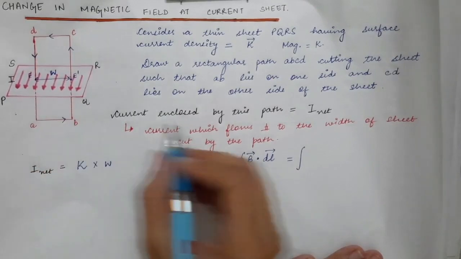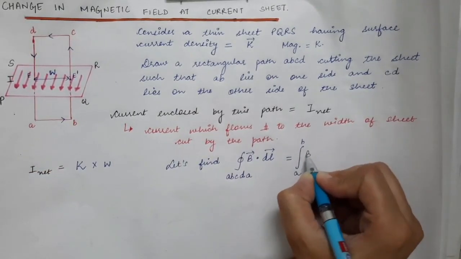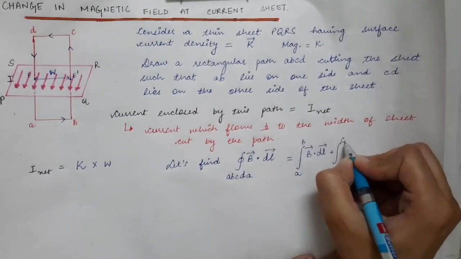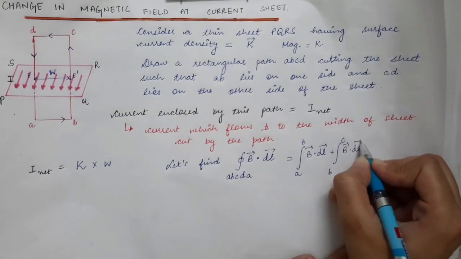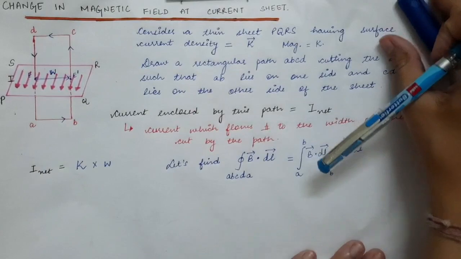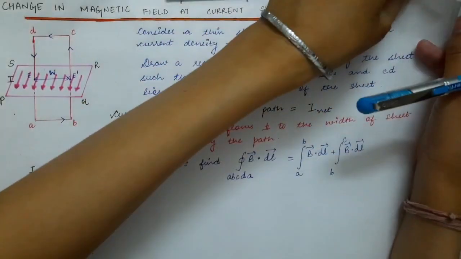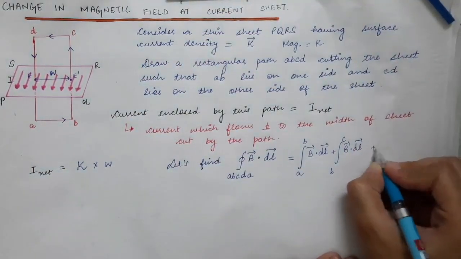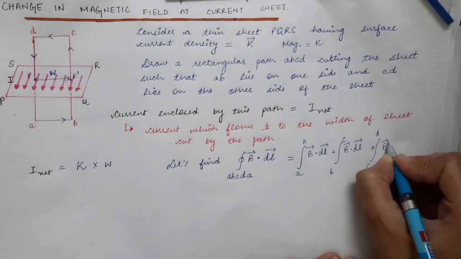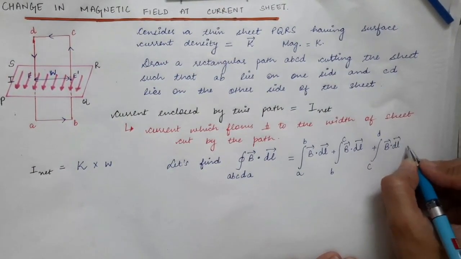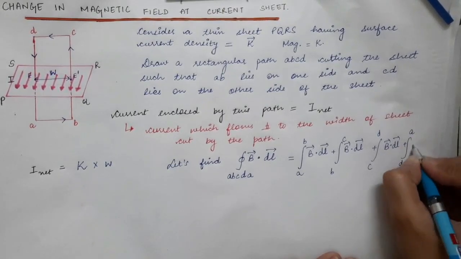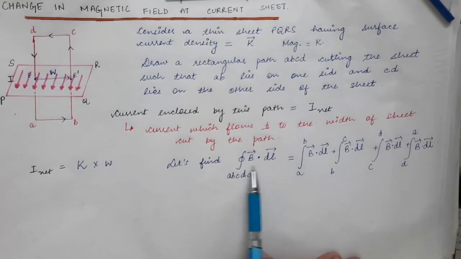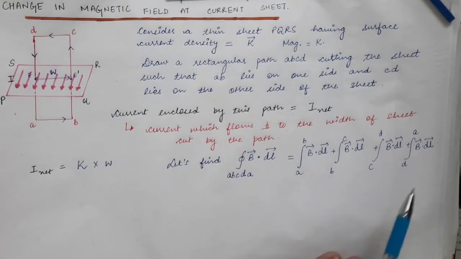One will be from A to B, B vector dot product with dl vector, which will remain as it is, then plus B to C, B vector dot dl vector, then C to D, B vector dot dl vector, and at last D to A.